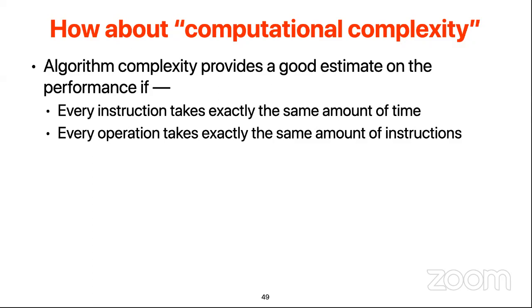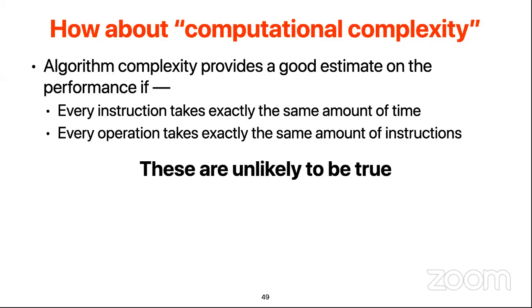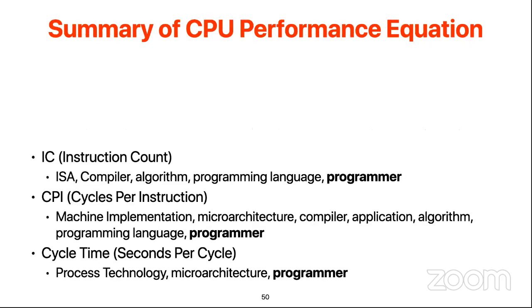Computational complexity assumes that each instruction, each operation, takes exactly the same amount of time, which is never true, right? So don't just trust computer algorithms or computational complexity. You should also know more about computer architecture.